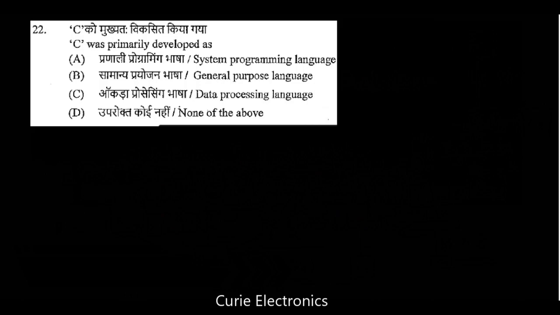Question number 22. C was developed as a system programming language. An ideal regulated power supply is one which has voltage regulation of 0%.